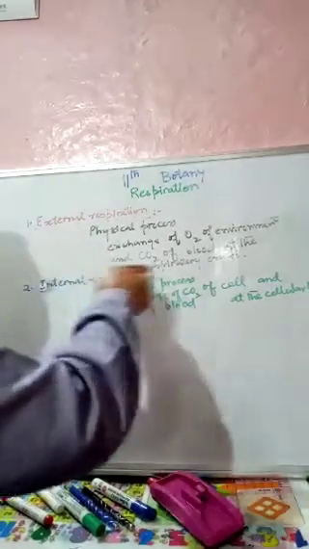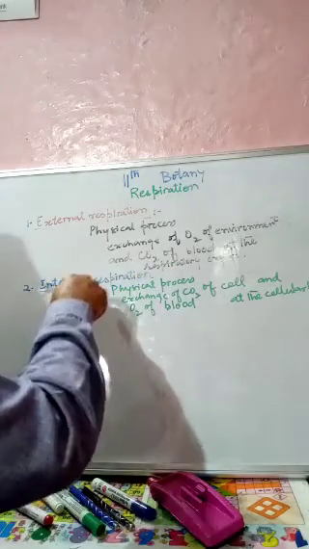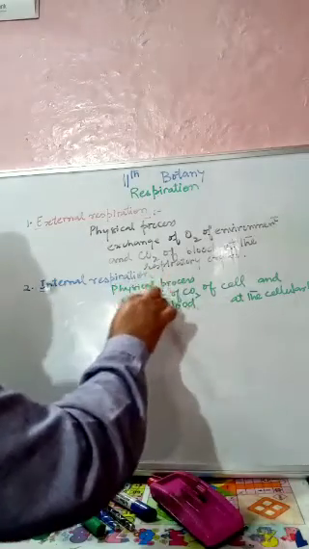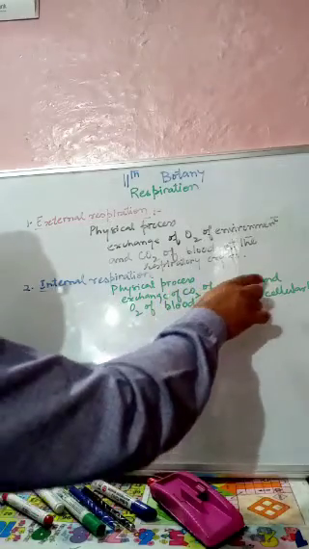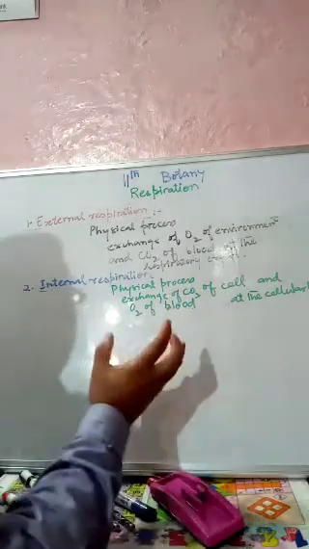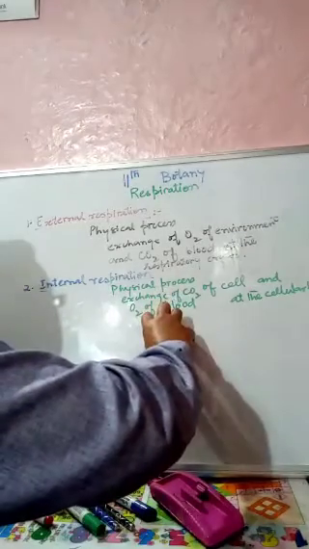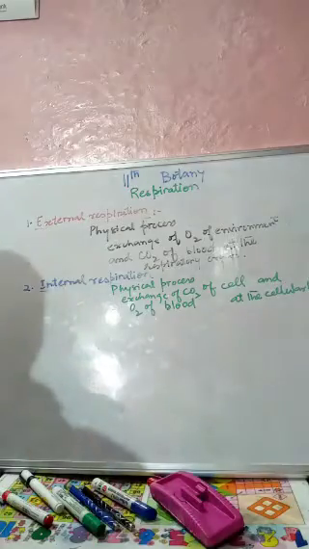External respiration takes place at the respiratory organ, while internal respiration takes place at the cellular level. Blood oxygen enters into the cell and carbon dioxide comes out of the cell.